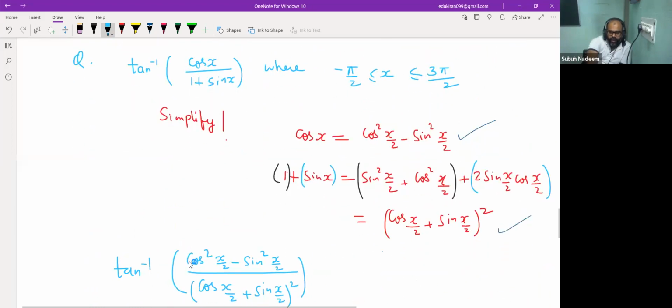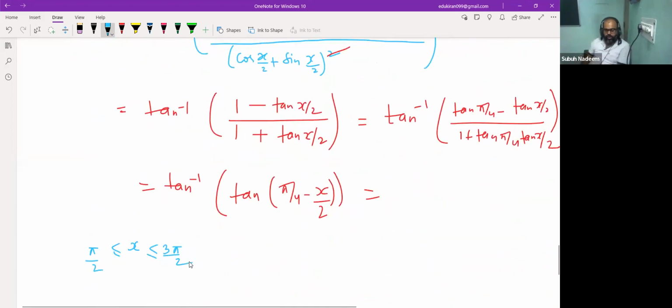It's minus, right? Minus pi by 2. So if we take x by 2, then it will be minus pi by 4 to 3 pi by 4.